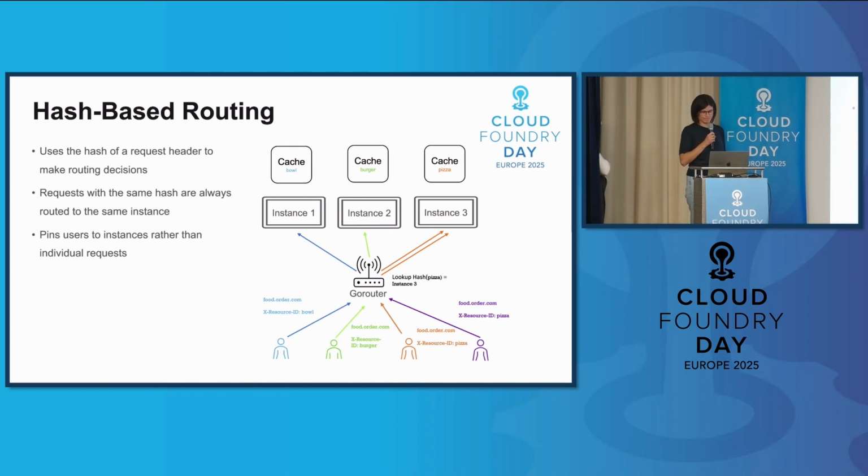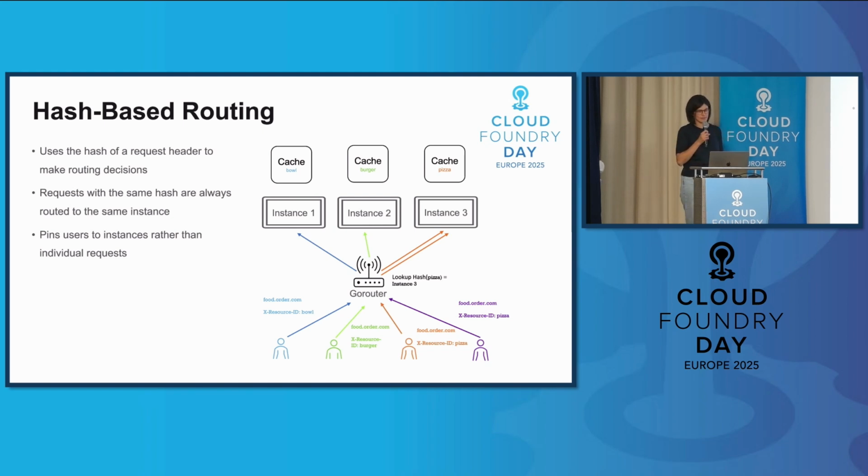And a client sends a request to an endpoint, food.order.com for example, to order the pizza, and uses the request header X-Resource-ID with the value pizza, for example. And Gorouter gets the request and calculates the hash of the value of this X-Resource-ID header and maps this hash to instance 3.